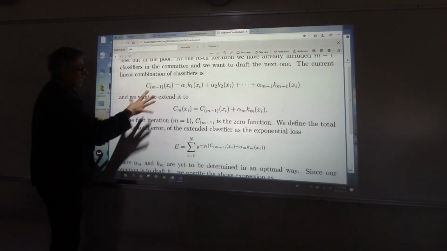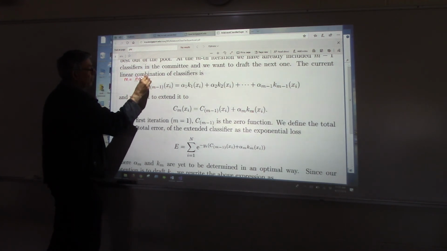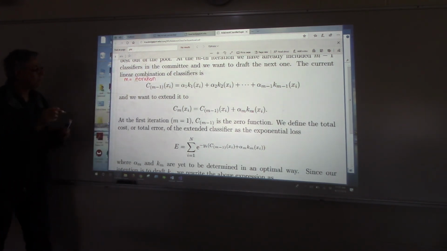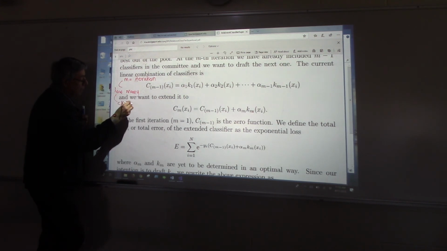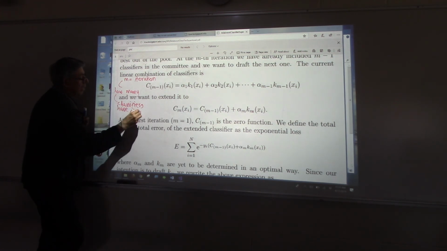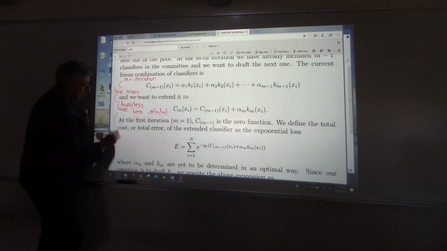Okay, M is our iteration in adaptive boosting, meaning how many classifiers have we picked correctly so far, or have been selected and weights assigned to them.